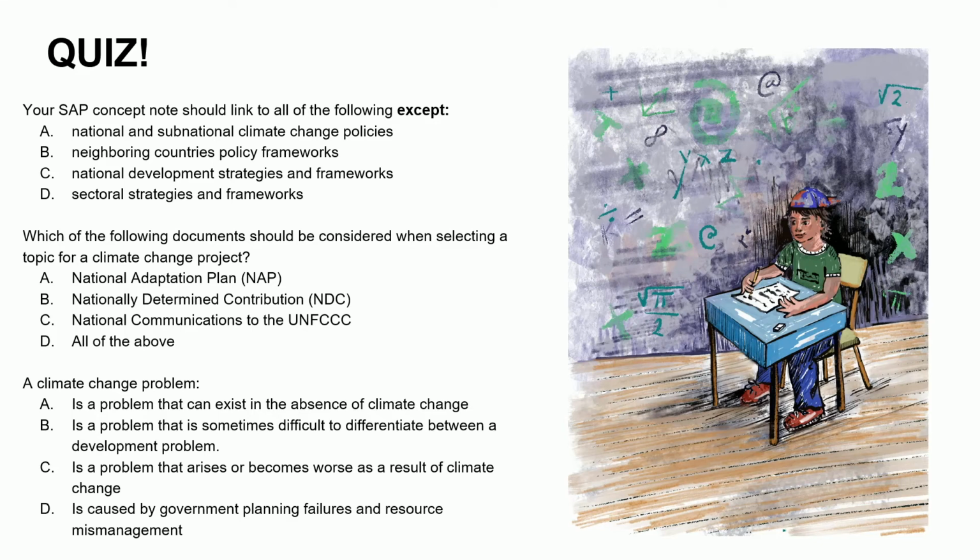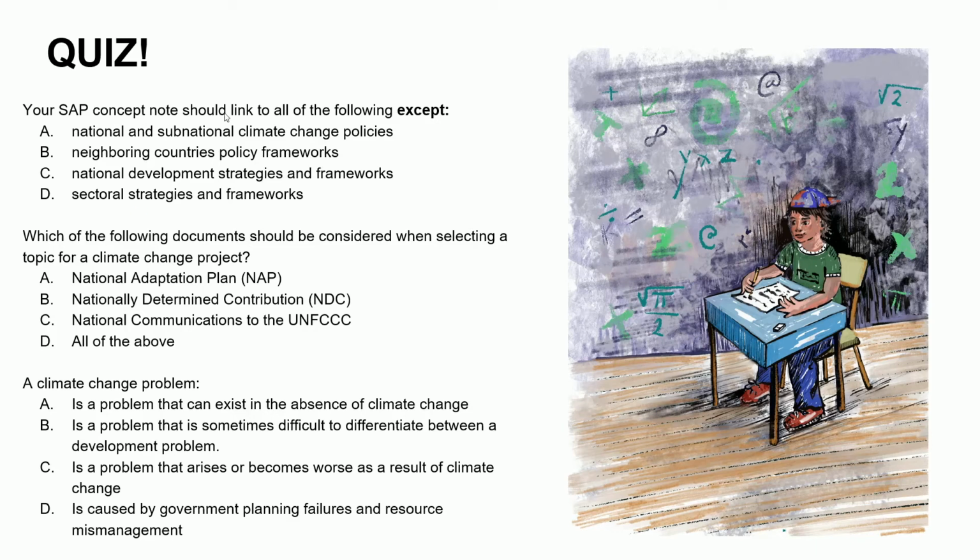Now, number 1, your SAP concept note should link to all of the following except A, national and subnational climate change policies, B, neighboring country policy frameworks, C, national development strategies and frameworks, or D, sectoral strategies and frameworks.